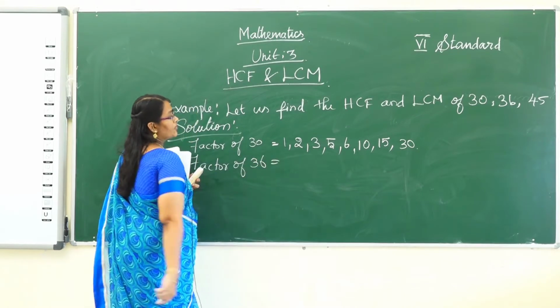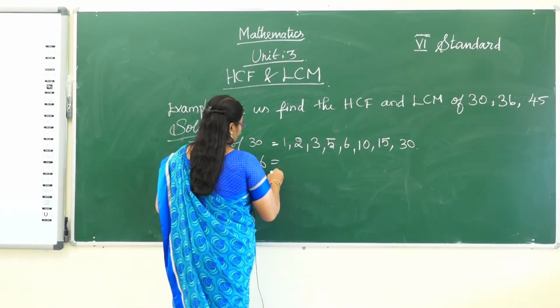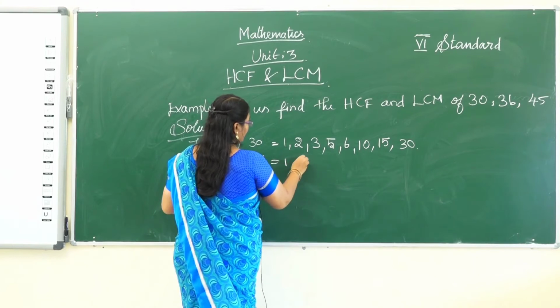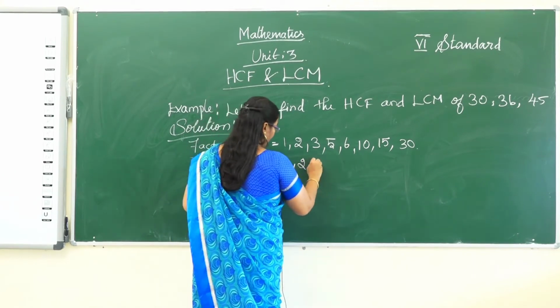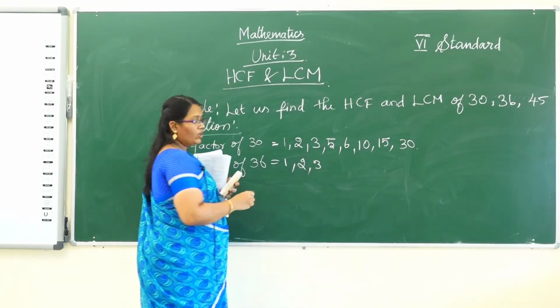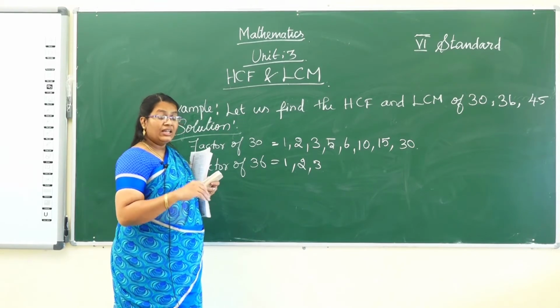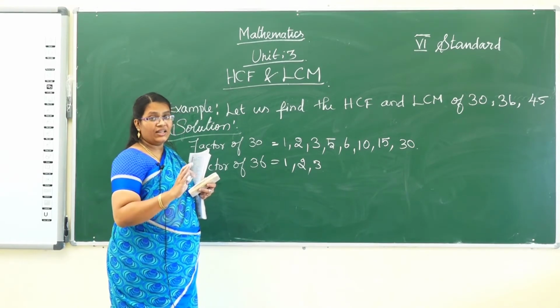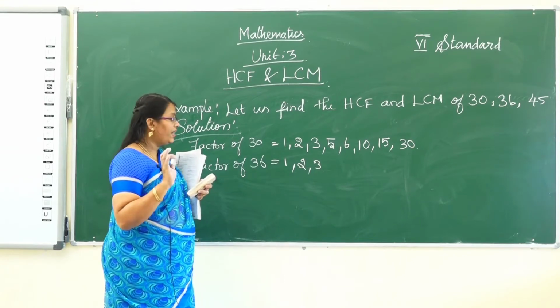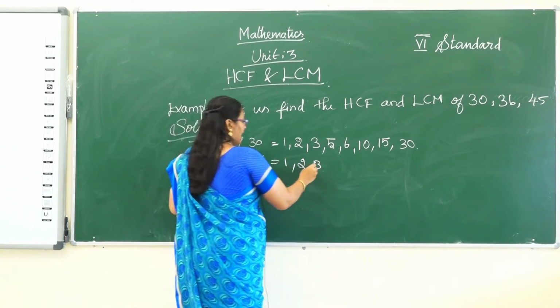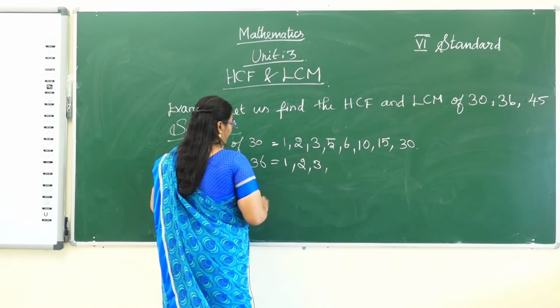Next write the factors of 36. So what are the factors? 1, 2, 3. So what is the meaning of factor? A number dividing a given number exactly without leaving any remainder. The remainder will be 0, right?